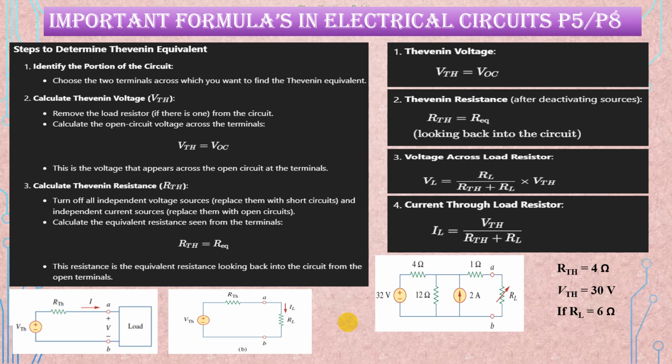How to find? I told you. Just remove that load resistance and see from that side, generally on the right side, and solve the circuit from the left hand side. Series, parallel, and one equivalent resistance will come. So this is one. Now how to find the voltage? Remove that load resistance.